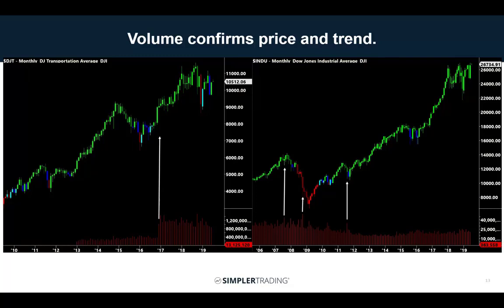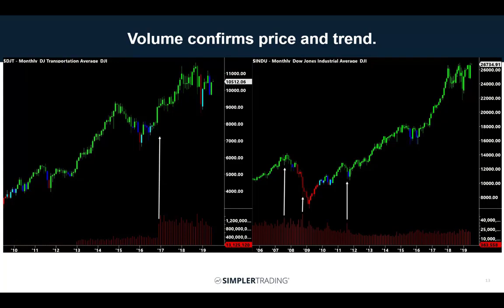So since I did not see the same kind of price action and that red grab candle appear on the chart on the right, the Dow 30, I realized that they're not confirming one another, and I'm not going to get tricked, fooled into shorting something that still probably has a lot of bullish momentum behind it.